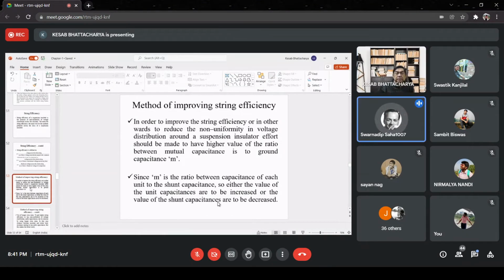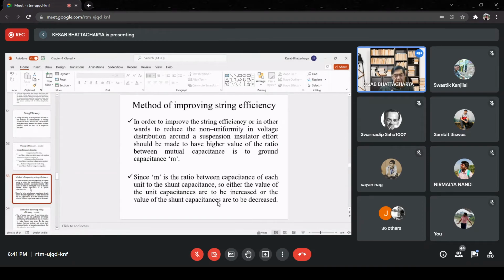So because of the shunt capacitances. Yes, it is because of the shunt capacitances. Had there been no shunt capacitance, no current would have flown to the ground through those capacitances at the different link pins.